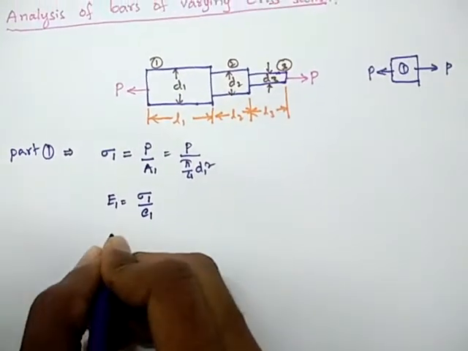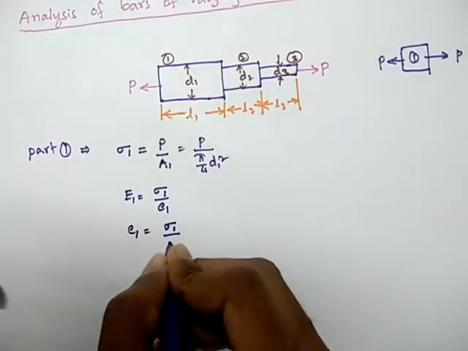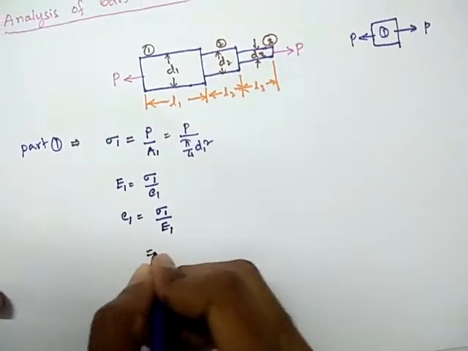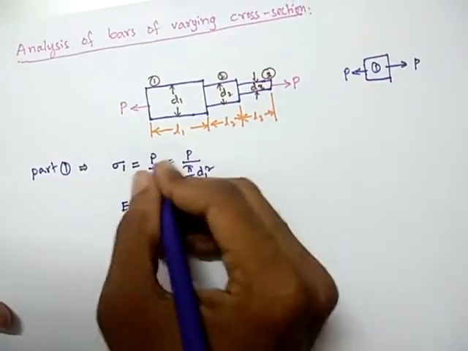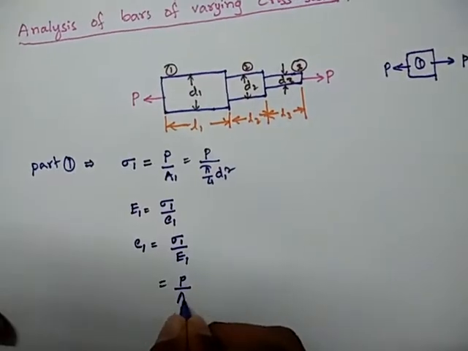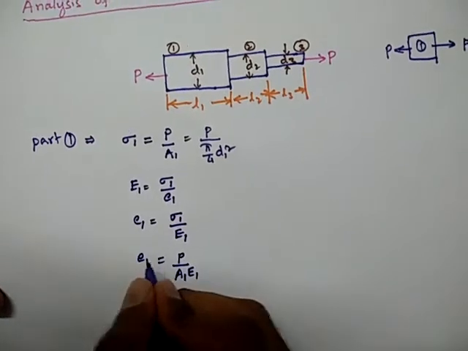From this, strain in part 1, small e1, is equal to stress in part 1 by Young's modulus of part 1, E1. If I write sigma 1 as load by area 1, that is P by A1 E1.